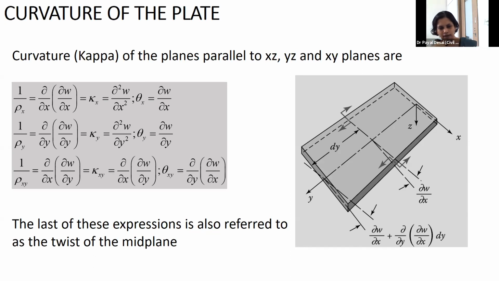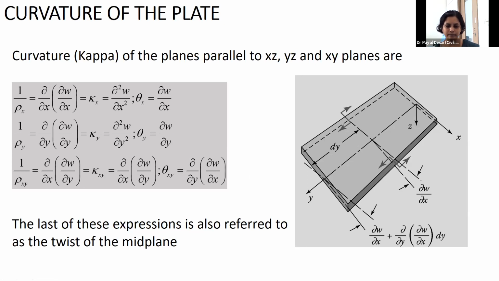And the geometrical behavior by bending is what we are more interested in to understand the structural behavior of the plate. As I told you, we can define the curvatures and the radius of curvature. The radius of curvature is the opposite of the curvature: 1 by rho x, 1 by rho y, and then we have rho xy, the curvature varying with respect to x and y.